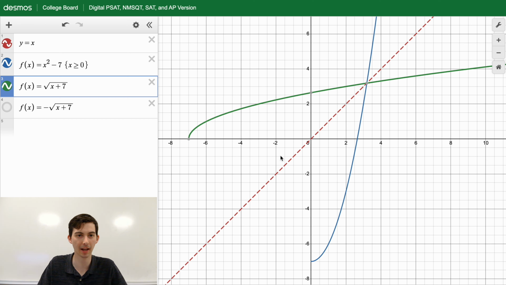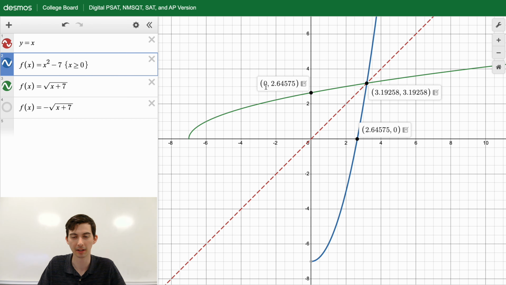And if I go ahead and add back my other two pieces here, so this is the blue graph, the question that we had, and the green graph, I can see that it meets my three characteristics of inverses, right? If I take this blue and I reflect it over the red line, I'm going to get the green. They intersect on the y equals x line, and I still change my x and my y values.